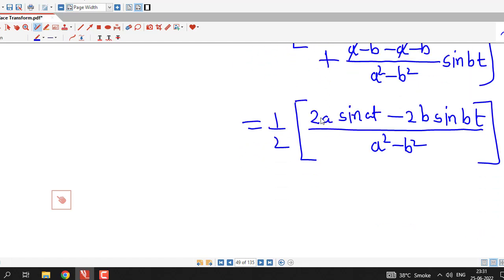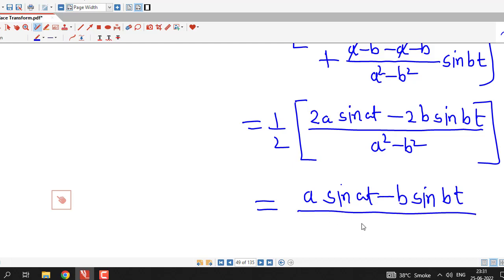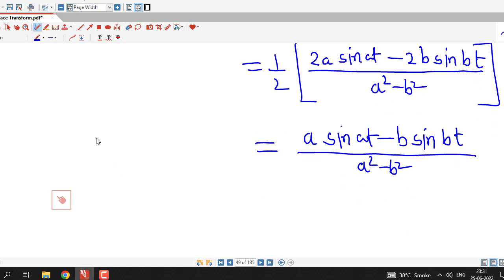Again we can observe we can cancel out these two, and finally we have (a sin(at) − b sin(bt)) divided by (a² − b²).